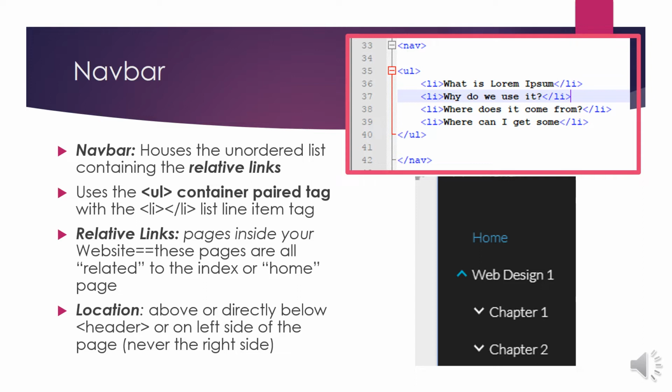If you look on line 33 of the example in the top right corner, you're going to see the opening nav, and on line 42, you're going to see the closing nav. In between the opening and closing nav, we have our unordered list container tag, the UL, and then we have the LI line tag, which sets up each of the items in our list or indexes them. So in this case, we have 4 line items.